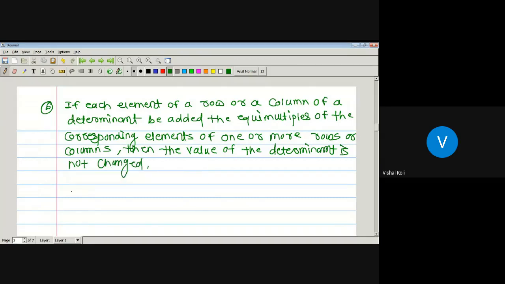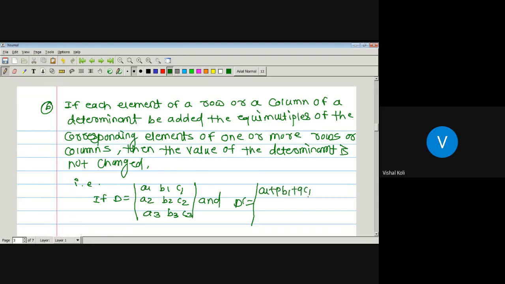That is, its meaning is simply that if D is equal to a1 b1 c1, a2 b2 c2, a3 b3 c3, then its determinant value is the same as a determinant D dash obtained by a1 plus p b1 plus q c1, b1, c1; a2 plus p b2 plus q c2, b2, c2; a3 plus p b3 plus q c3, b3, c3.